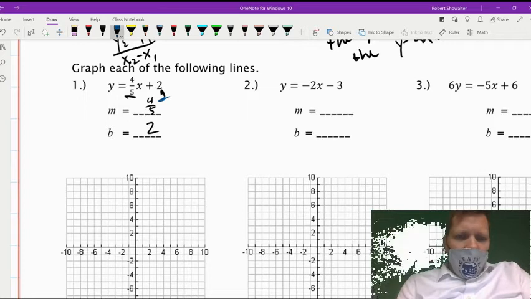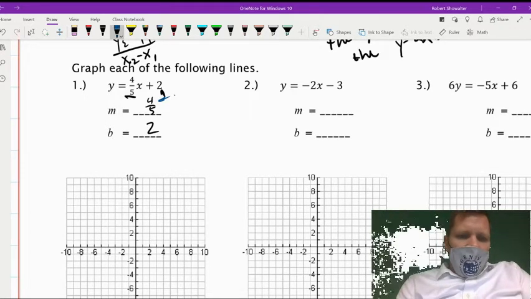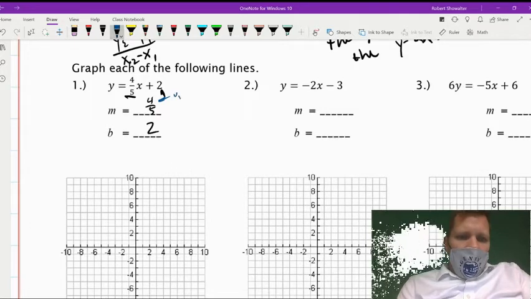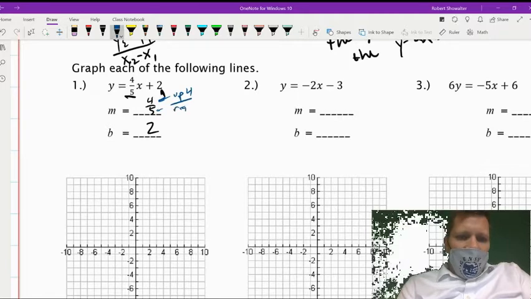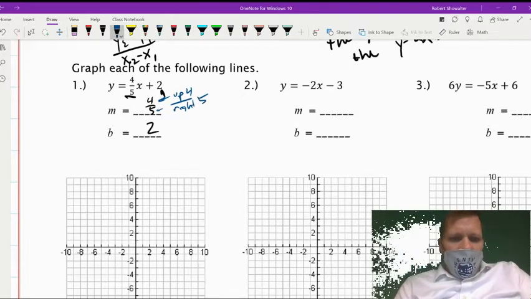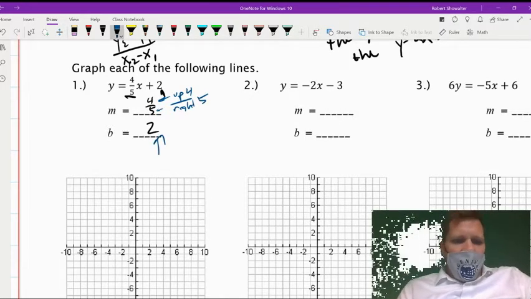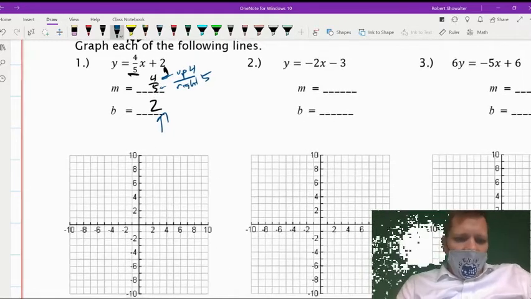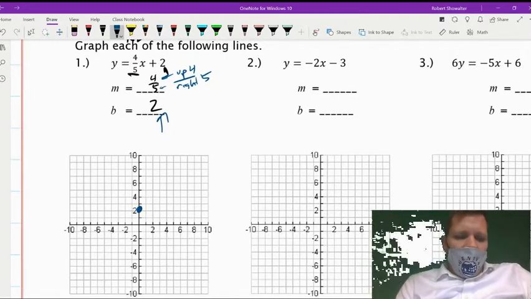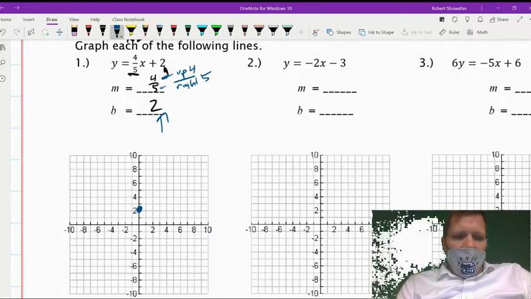We're going to use that number, and that's going to go up 4, and the 5 is going to say right 5. Those are our directions from our starting point, our y-intercept of 2.